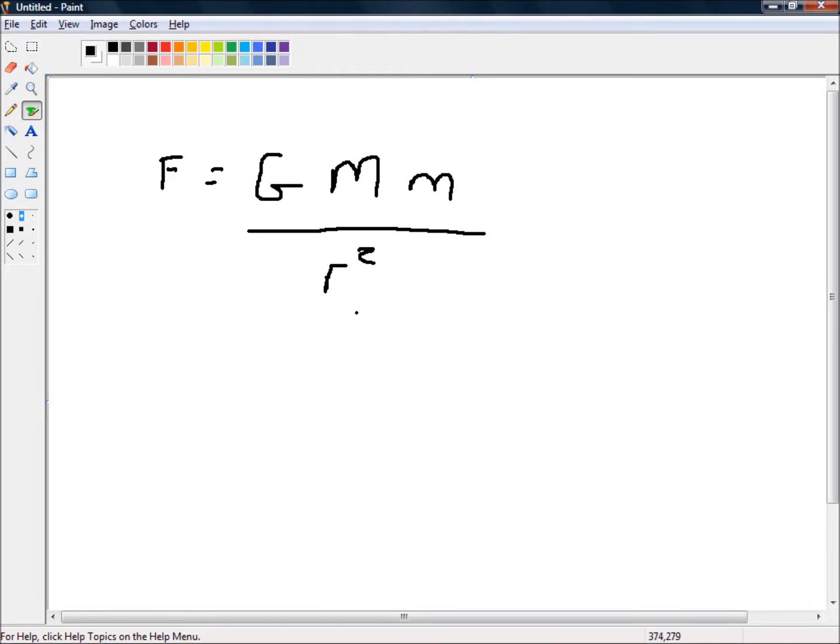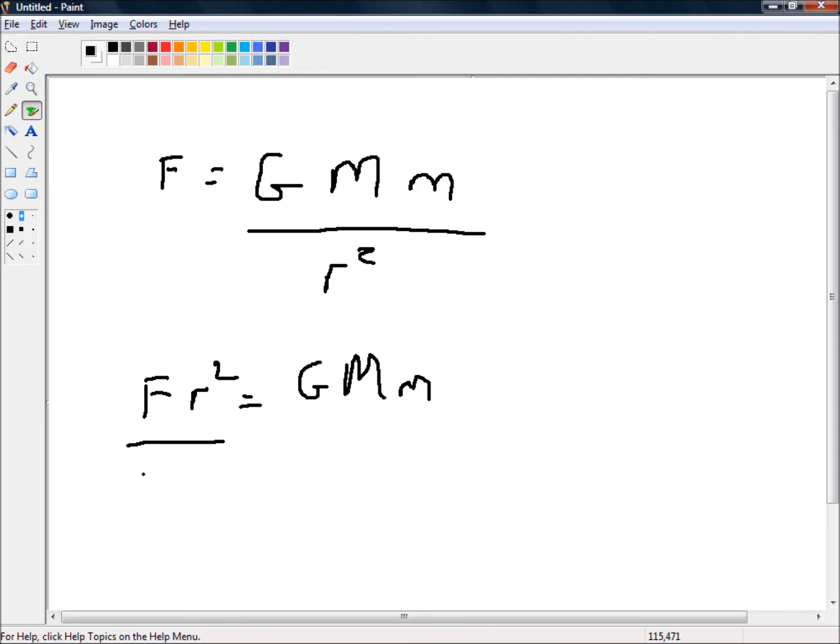Okay, in this case what we're going to need to do is multiply both sides by r squared. So F r squared is equal to G M m. And now if we just divide both sides by GM, we'll get m on its own.